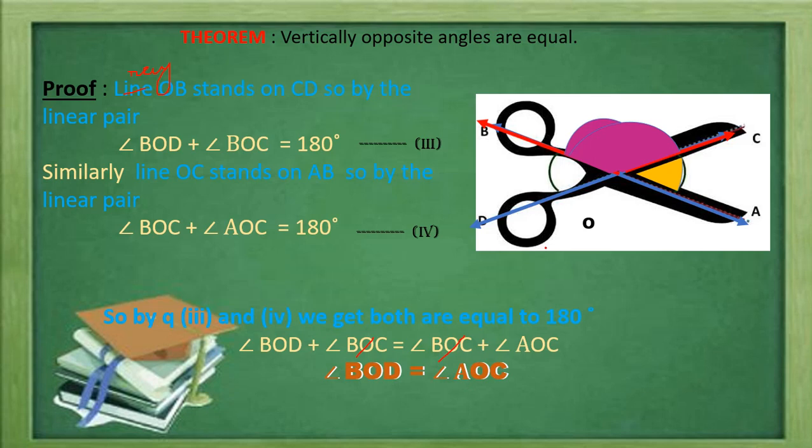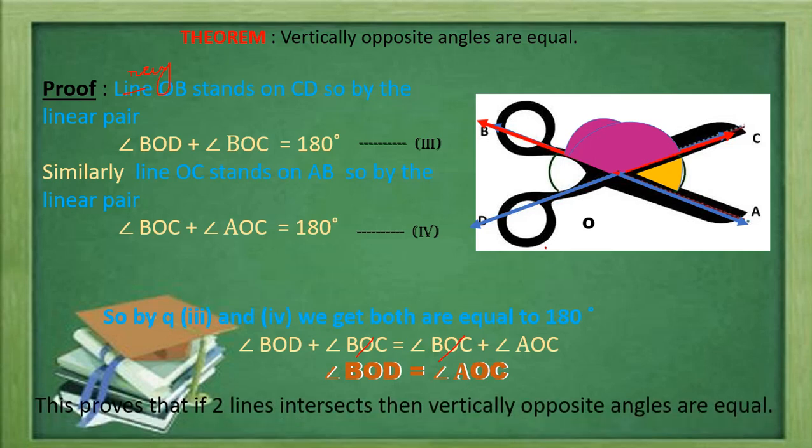So this is the second pair of vertically opposite angles which shows they are equal. So here angle BOD and angle AOC are equal. So this proves that if two lines intersect each other, then the vertically opposite angles so formed are equal.